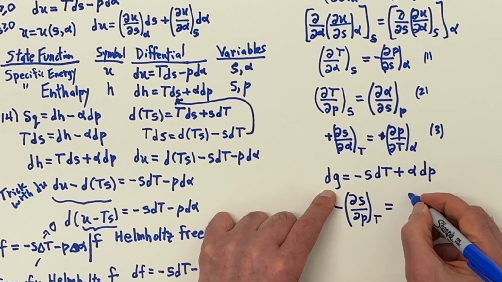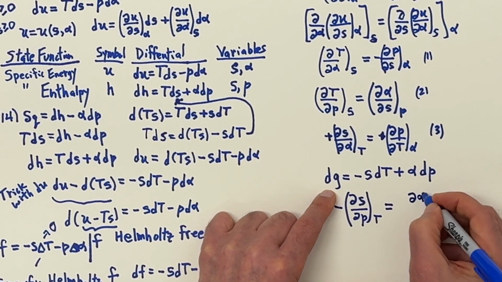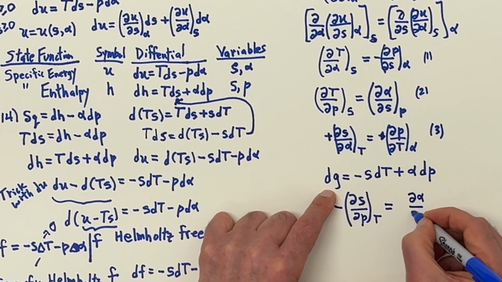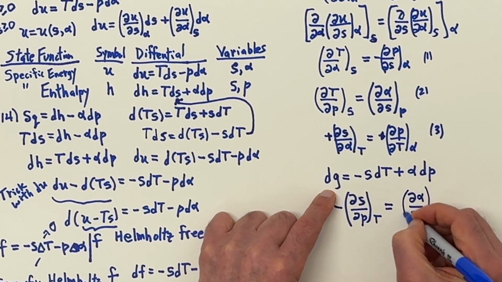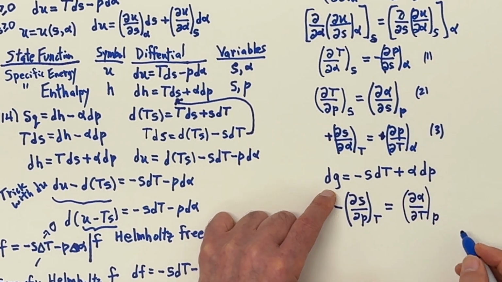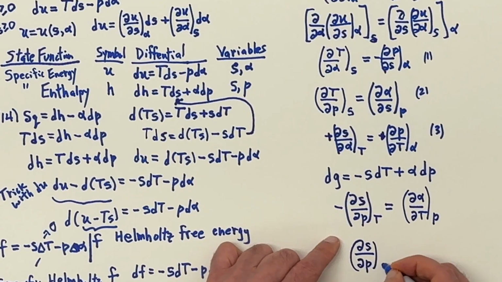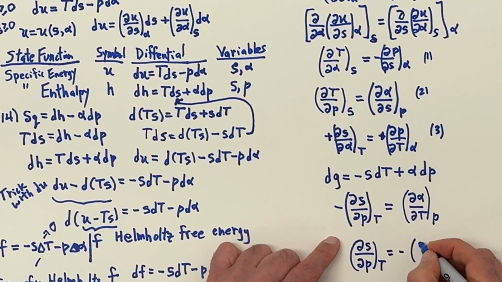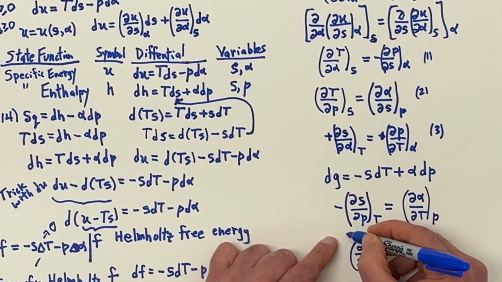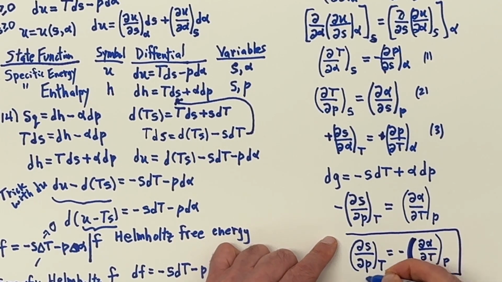And then for this one, we take the derivative of alpha with respect to T, holding the p constant. Now all I'm going to do here is put the minus sign on the other side and call this our equation 22. So this is minus the partial of alpha with respect to T, at constant p. And then we look at this, box it off. And that's our equation 22.